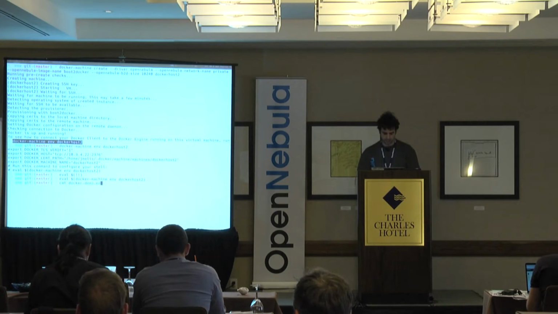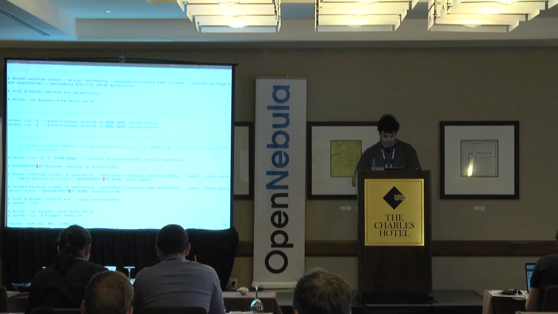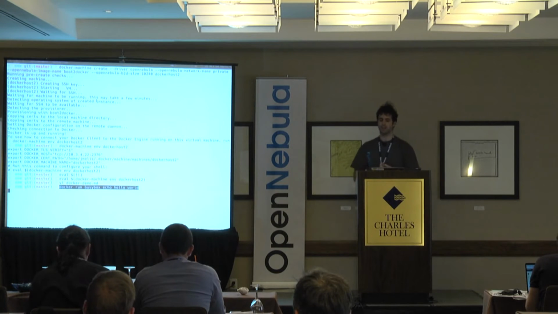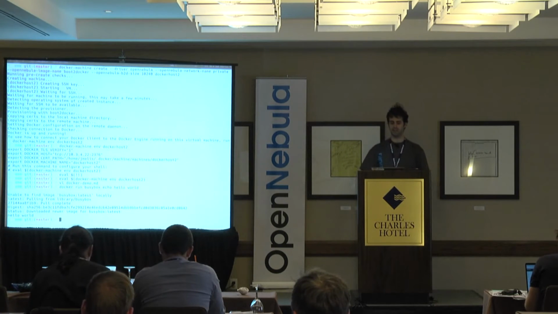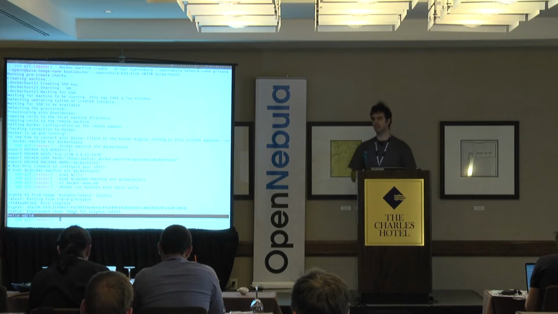An example here would be: I'm going to execute docker run busybox hello world, and this is contacting this virtual machine, downloading the image, executing the container that says simply hello world. So this is basically how it works.